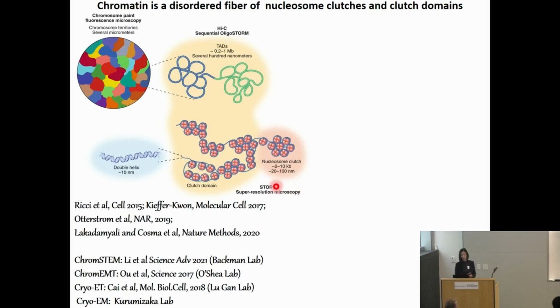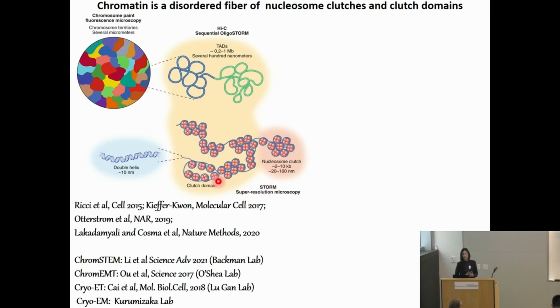So in terms of genomic scale, that's about 2 to 10 kilobases. And these nucleosome clutches cluster together, as I mentioned, in close proximity, forming larger domains, which I call clutch domains for lack of a better term. But these larger domains are more in the size range of things like topologically associating domains and subdomains, so hundreds of kilobases to megabases.